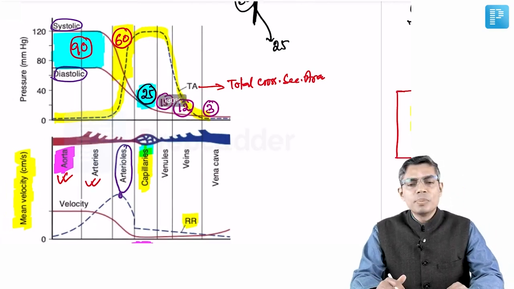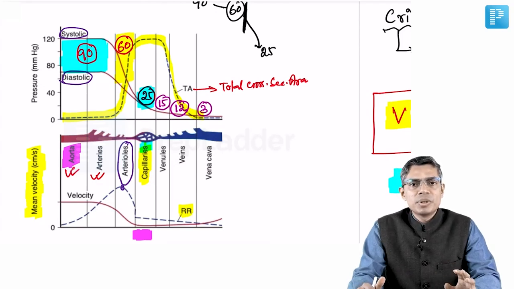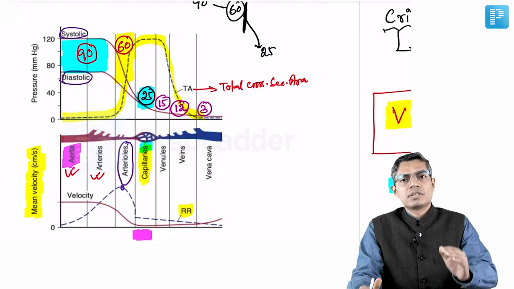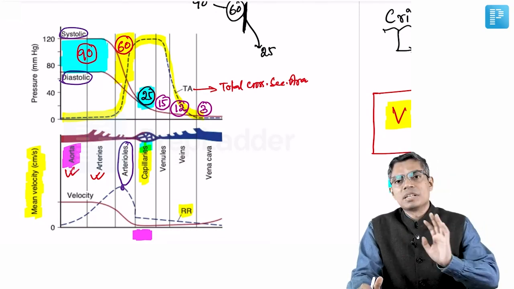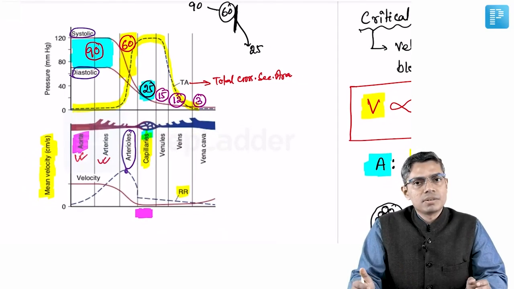This average blood pressure is not very important, but remember that arterioles are the resistance vessels. At the level of arterioles, the maximum drop of blood pressure occurs, from 60 to 25, a sharp drop. That is due to arterioles, right?